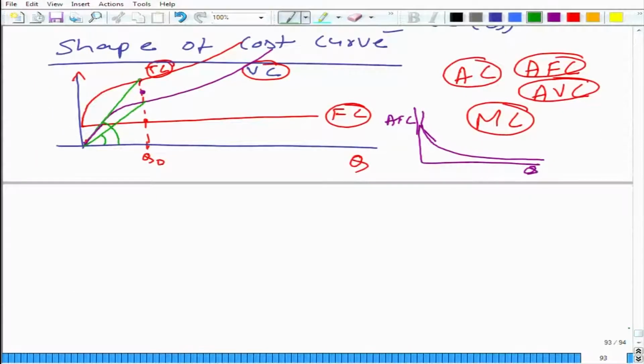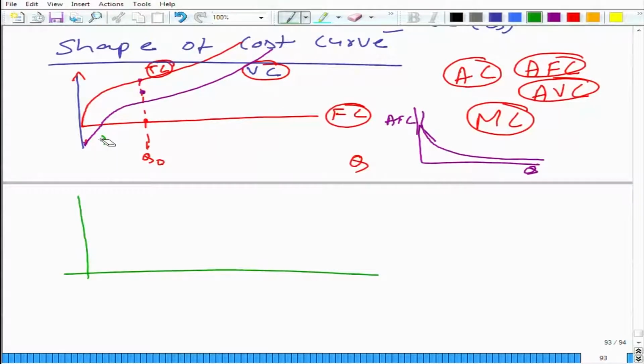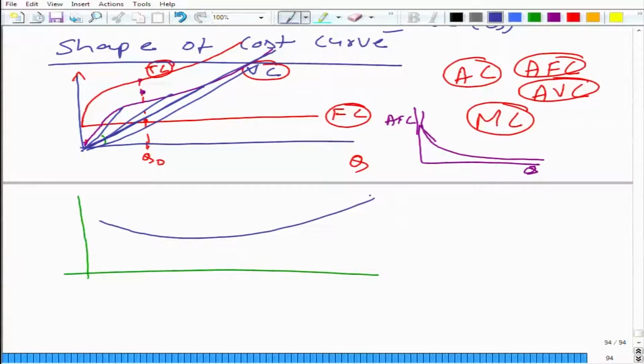So, for this graph, roughly speaking, how can we draw it? What is happening to the average variable cost? It is decreasing at first, and after some point it starts increasing.